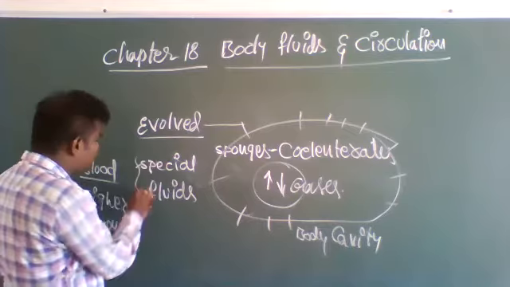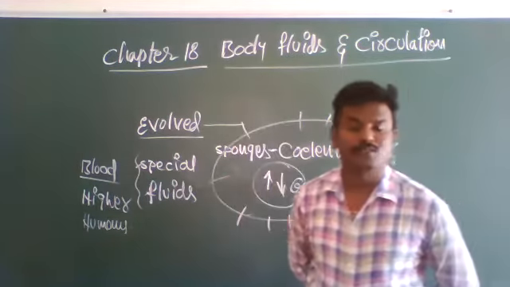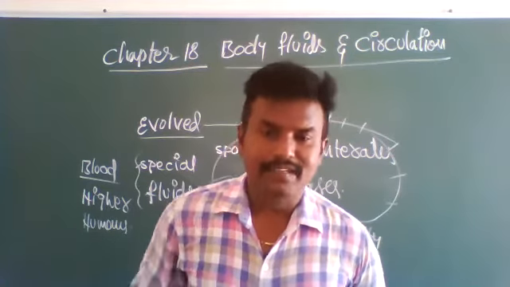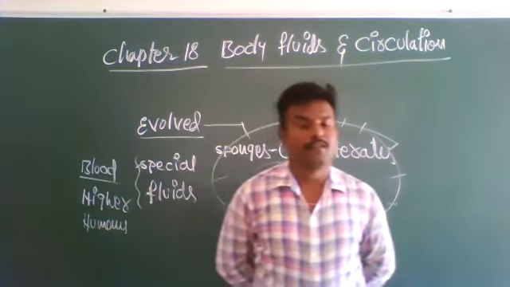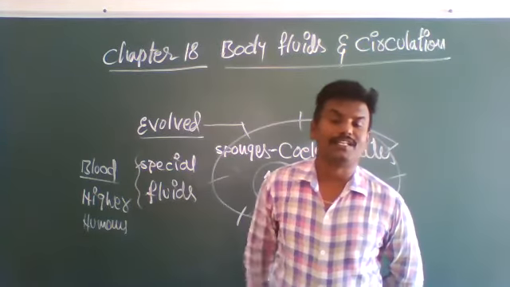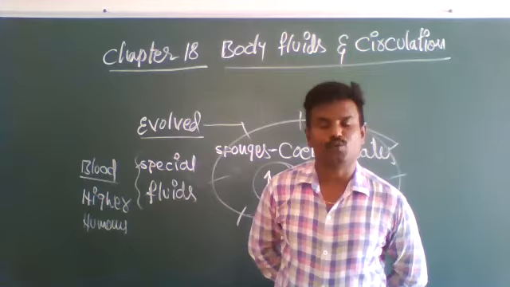More complex organisms use blood only. Higher organisms, especially mammals, including humans, use blood as a medium to transport nutrients, gases, etc.